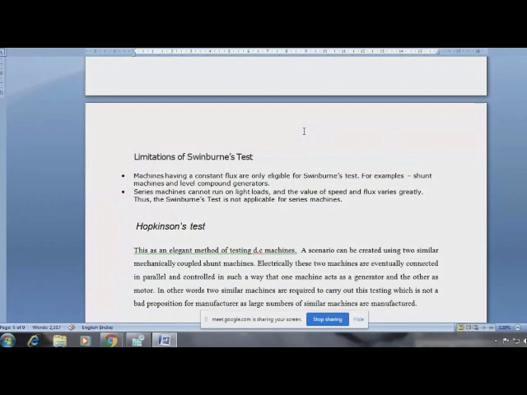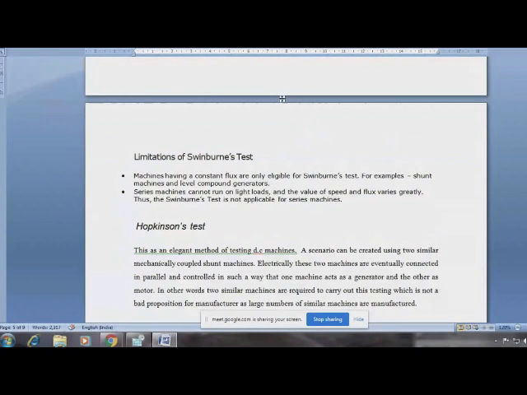And further, we cannot do the test on series machine, because a series machine cannot be started on no load. This we have already talked about. And there must be some load for a series motor to start, otherwise the speed will reach very, very high values. So these are the limitations.